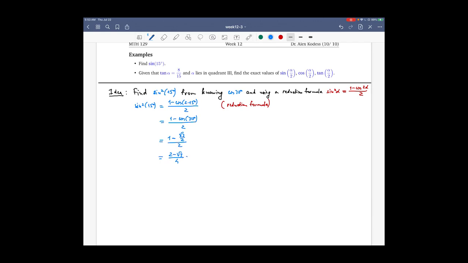That number, by the way, is greater than 0 because root 3 is less than 2, of course. From here, we can find that sine 15 degrees is plus or minus square root of 2 minus root 3 over 4.